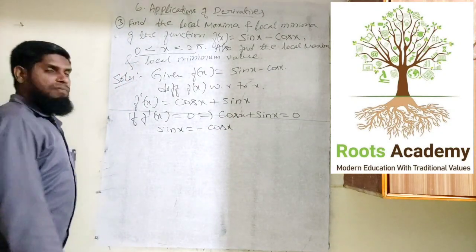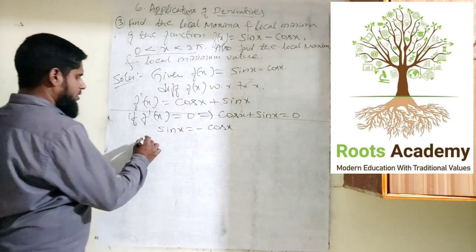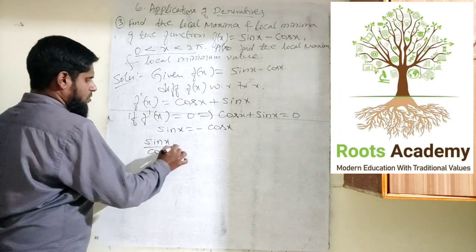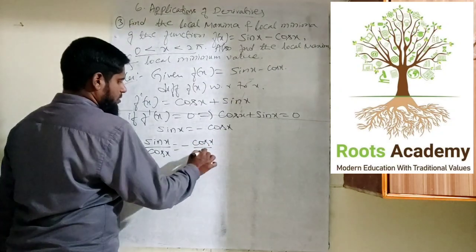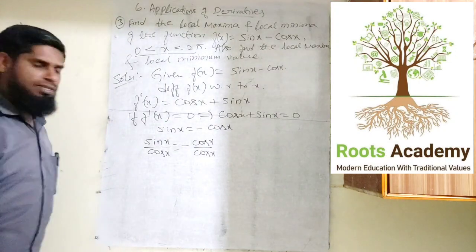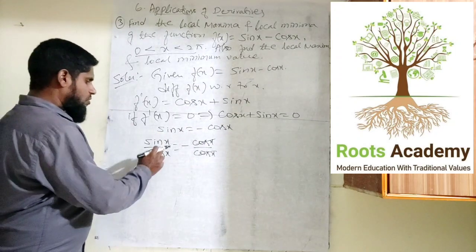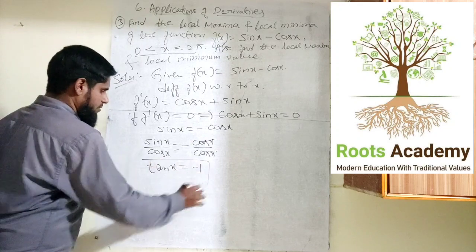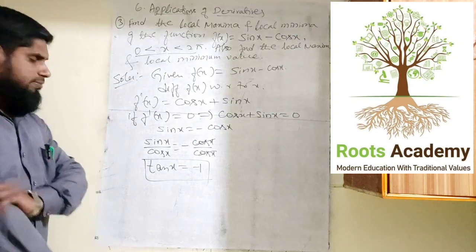If I divide by cos on both sides, I will get sin x by cos x is equal to minus cos x by cos x. I can divide by sin also, but I preferred cos here. Then cos and cos get cancelled. Sin by cos is tan x, which is equal to minus 1. So tan x is equal to minus 1.